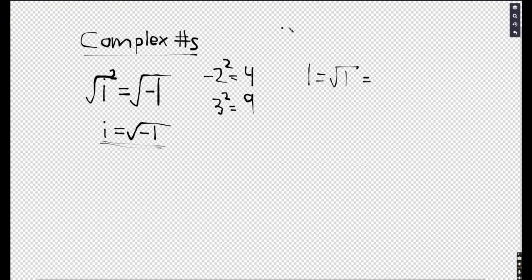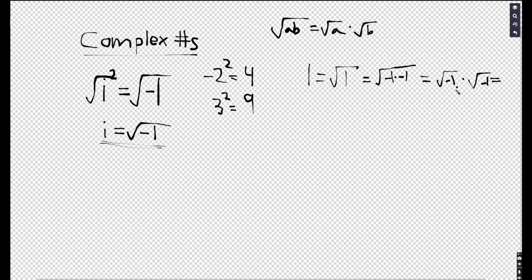There is a rule with square roots: the square root of a product AB is equal to the square root of A times the square root of B. So we can write the square root of 1 as the square root of -1 times -1, because -1 times -1 is +1. We can break this up into the square root of -1 times the square root of -1.